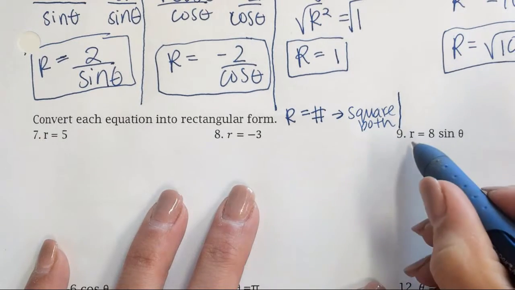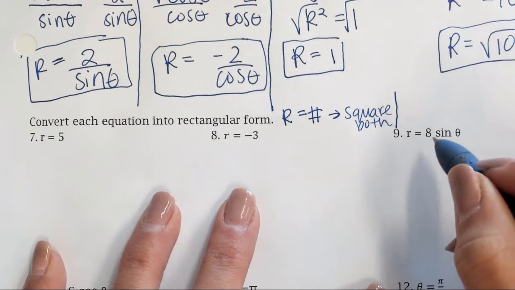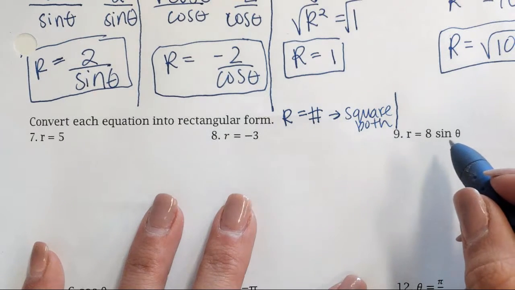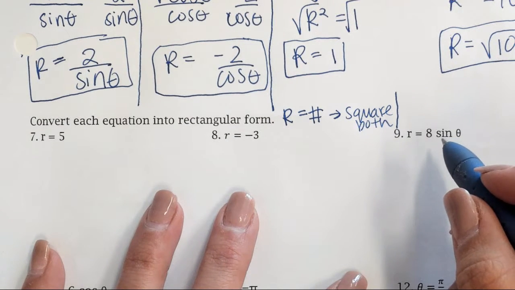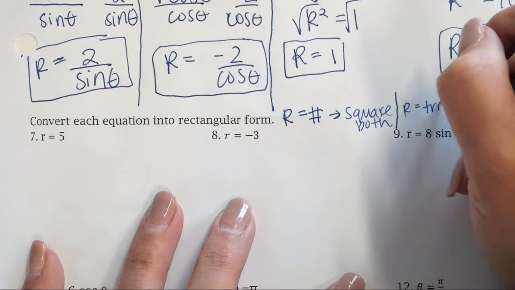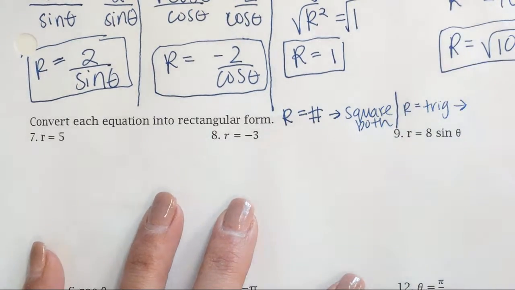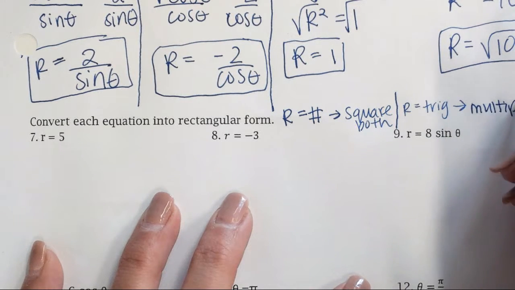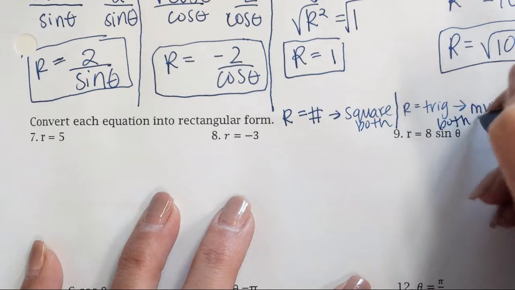But then if we have r equals something with a trig involved, like number 9, r equals 8 sine theta, then you'd have sine squared, and we don't really know what to replace that with. So if it's r equals something with trig involved, what we're going to do is multiply both sides by r.